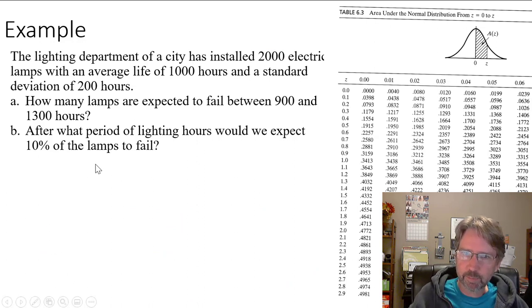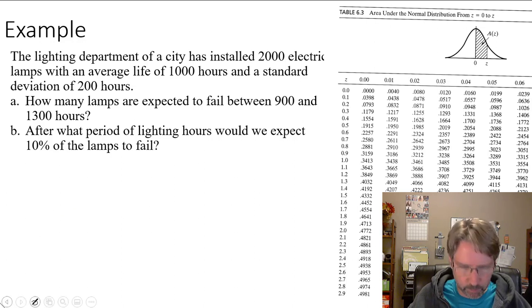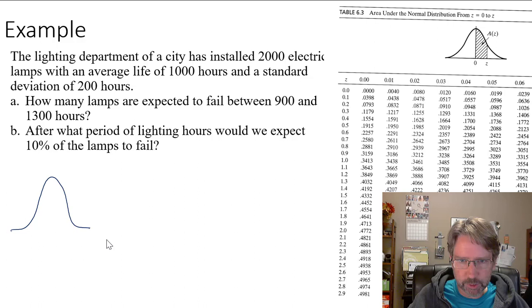Okay, so now for the next part, part B, we're trying to find at what hours we would expect 10% of the lamps to fail. And so this is again where you really want to start off with a sketch of the Gaussian distribution. So think about 50% failure we would expect at the mean, right? 50% would be failed here, the average lifespan.